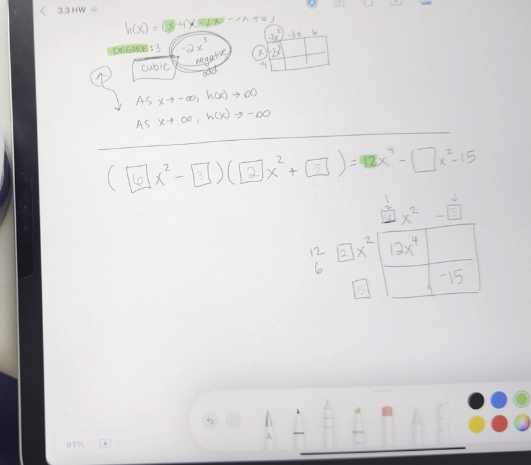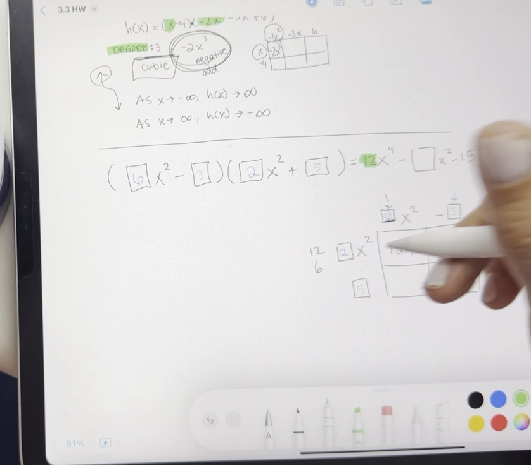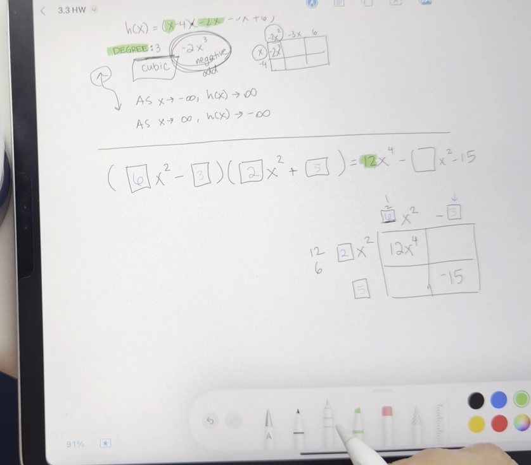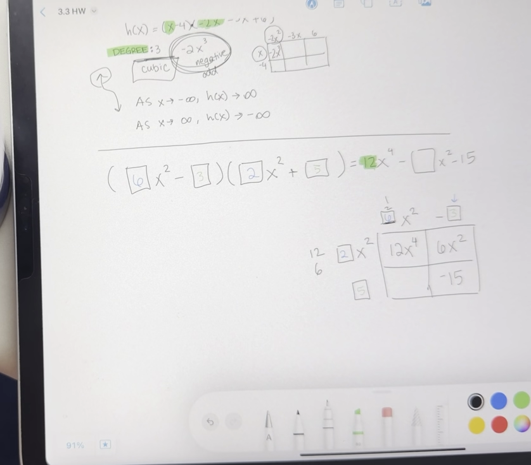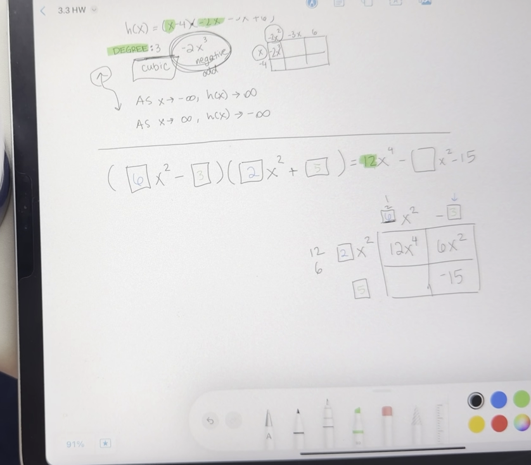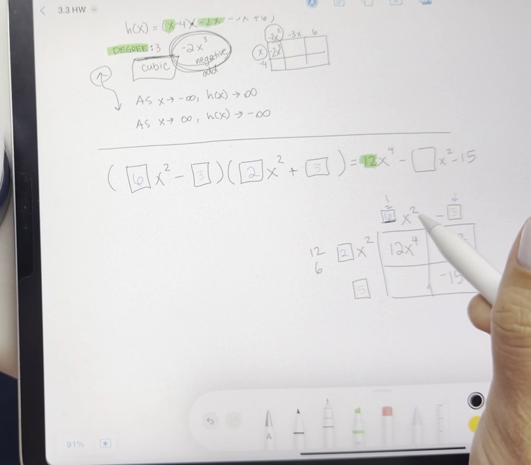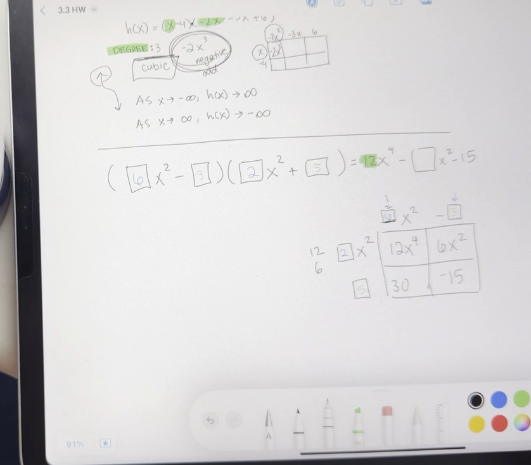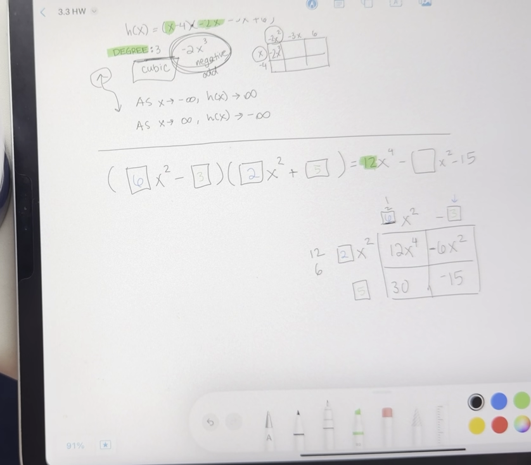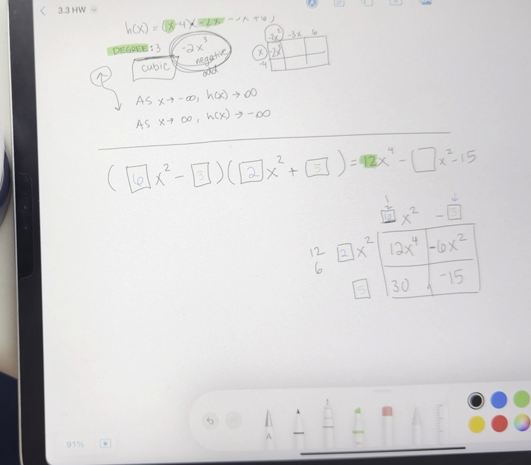So now let's go see what this becomes, because now I can multiply. So I would do 3 times 2x squared would get me 6x squared. And then over here, 6x squared times 5 would get me, oh shoot, this is negative, my bad. That 3 was negative, so it should have been negative 6x squared.